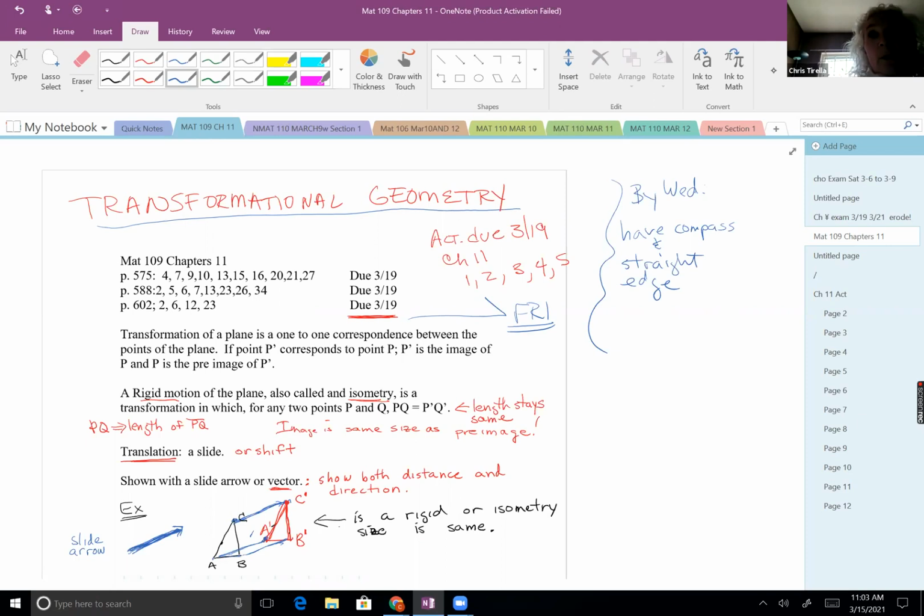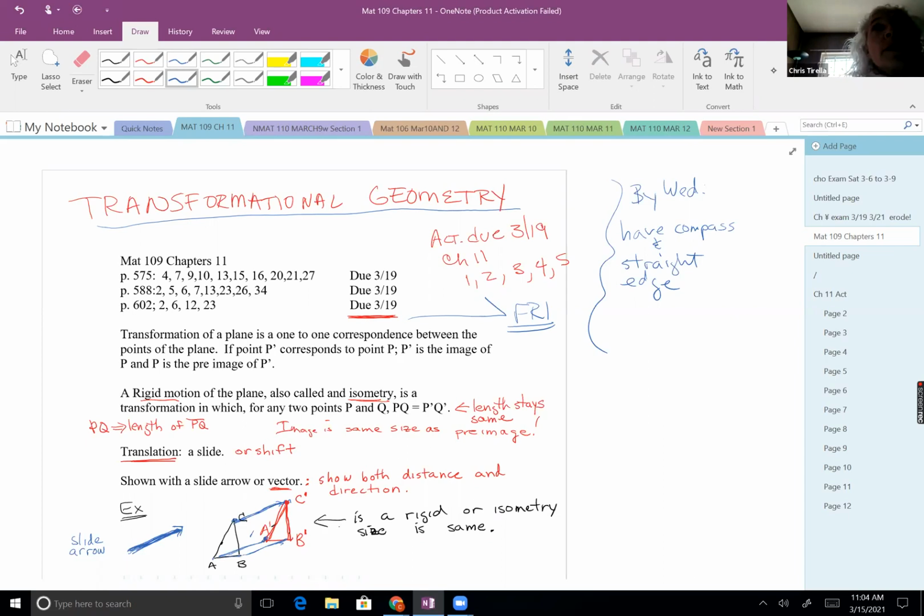If not, with the chapter 11 homework, again, I'm going to reiterate that a lot of it is drawing diagrams. You need to draw your diagrams on dot paper if asked, or graph paper if asked.